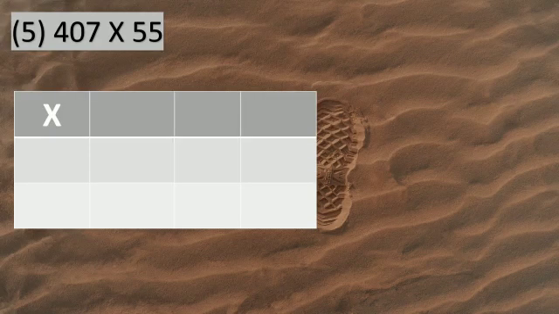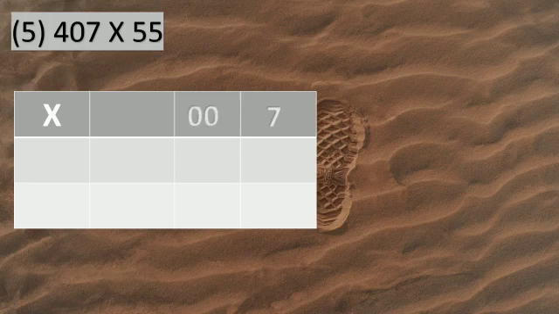Fifth one is 407 multiplied by 55. Okay. So students, in this the multiplicand is 407 and the multiplier is 55. So now let us first write the multiplicand. Units place you will write it as 7.